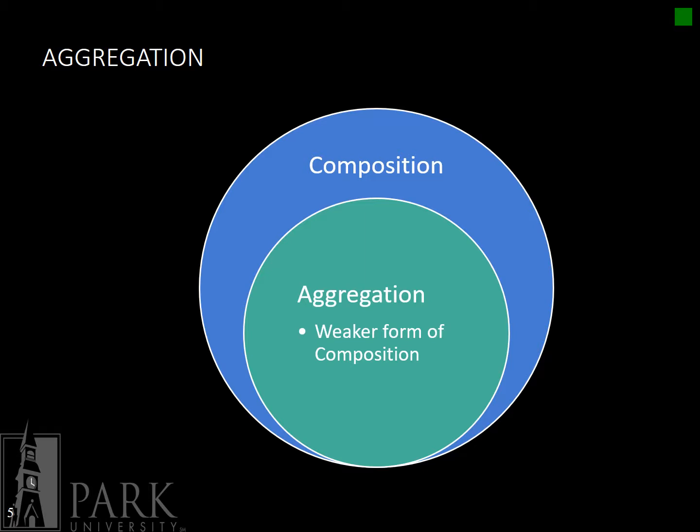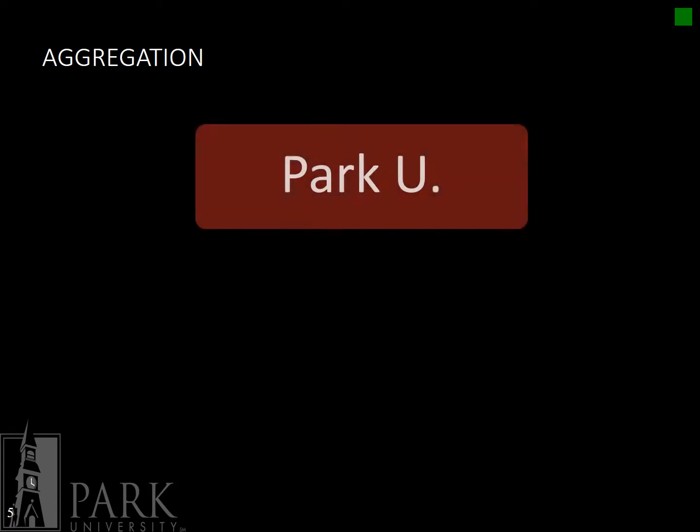An aggregation example where the parts are not exclusively owned by the whole can be seen as follows. We could implement a school as an aggregation by creating a whole class for the school and part classes for the different types of people who work and study at the school, right?